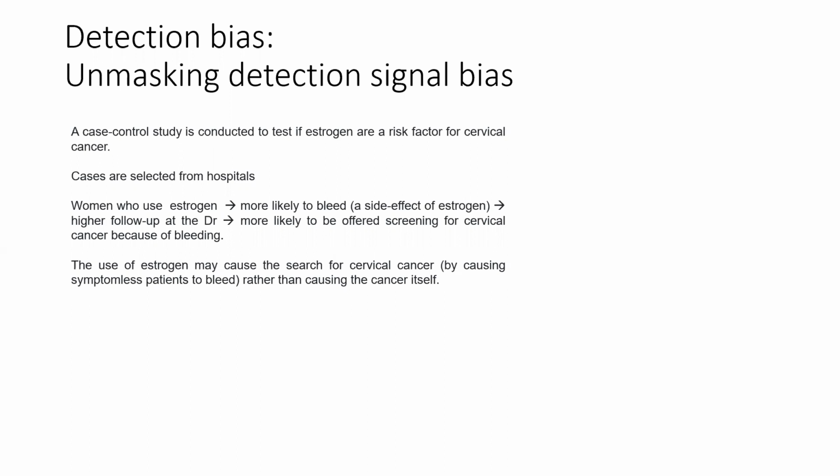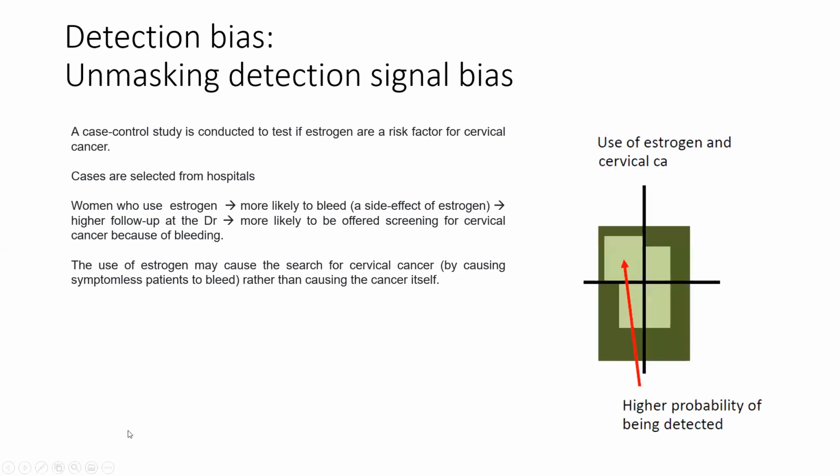So in this case, what happens is that we have a higher probability of being detected when we use estrogen. So let's say that estrogen is my exposure and cervical cancer is my outcome.